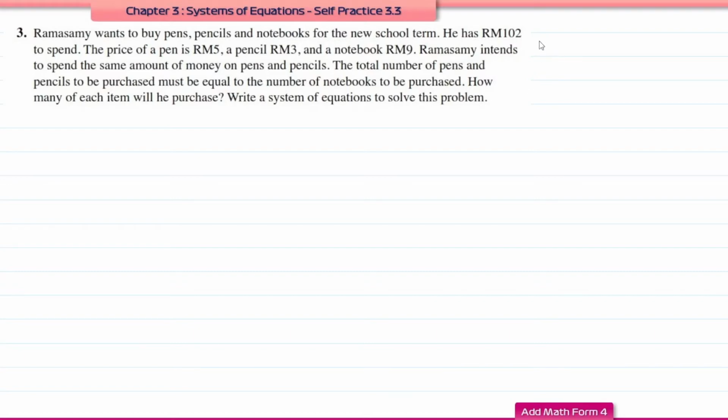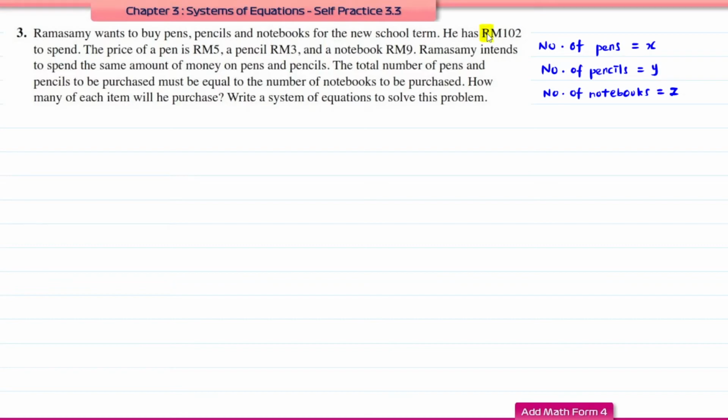So first, let us label the number of pens using the letter X, the number of pencils using the letter Y, and the number of notebooks using the letter Z. So now let us form the equations based on the information that we have.